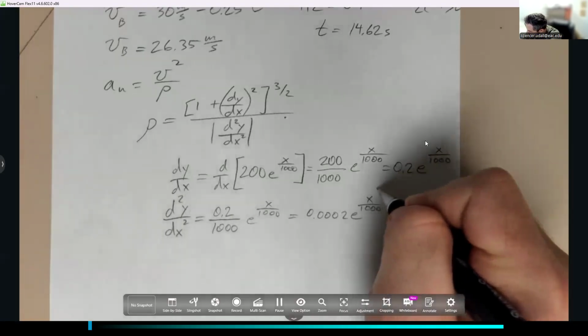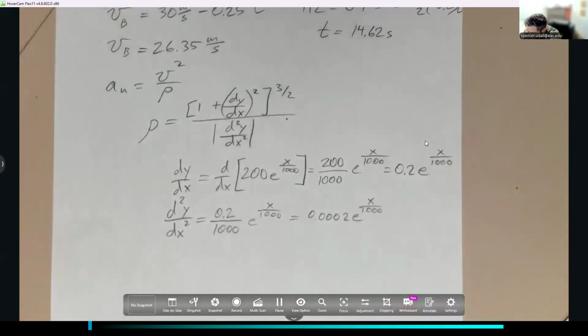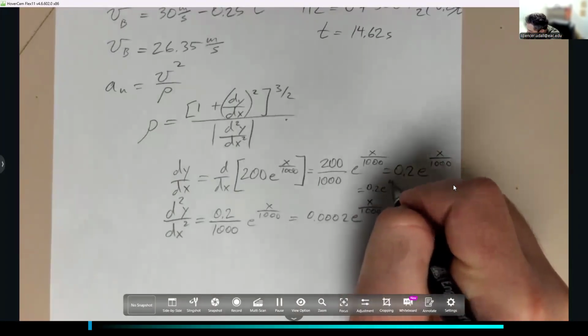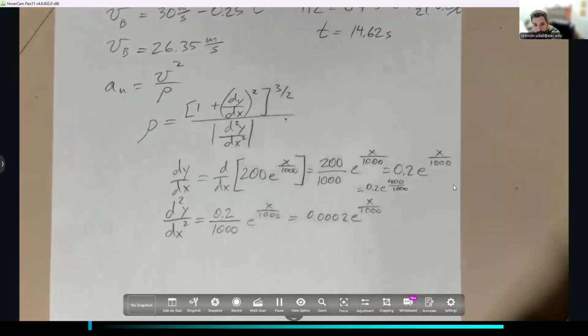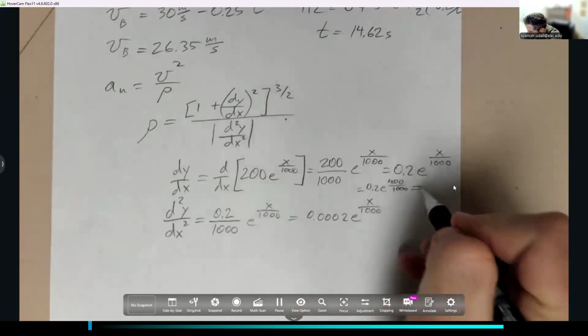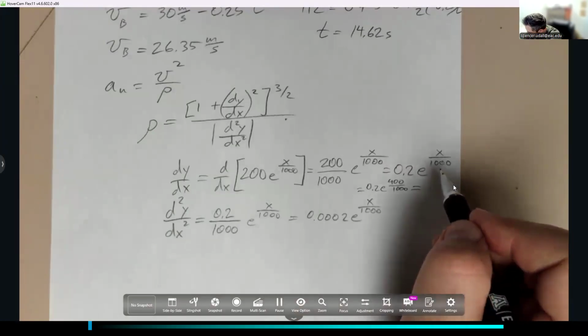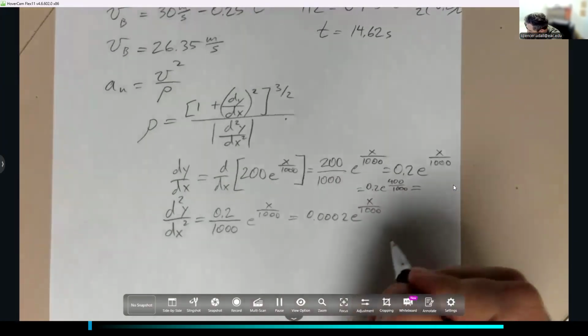Let's plug in x's and get what we need there. So when we plug in x, what x are we going to plug in? At that instant, what is x at B? 400 meters. You see that? So let's plug in 400 meters. So this would be 0.2 e to the 400 over 1,000. I didn't actually calculate those individually, but whatever that comes out to, we'll just plug them in at the end.